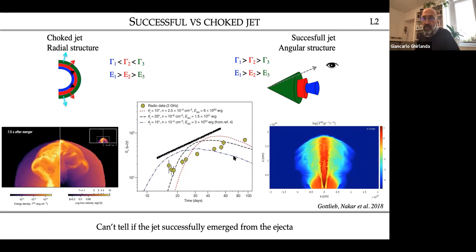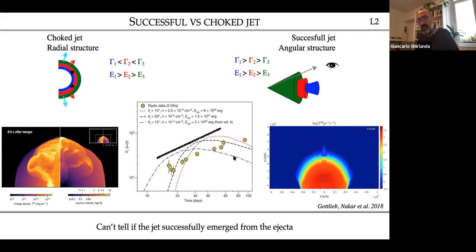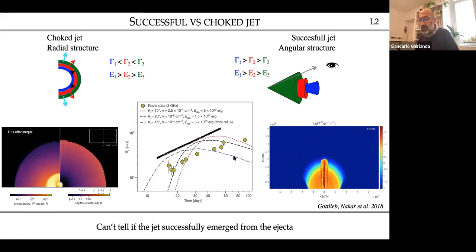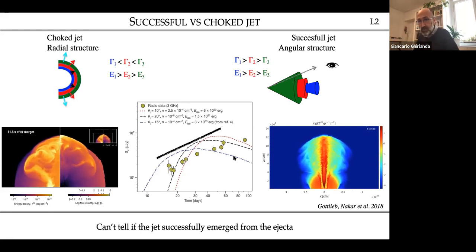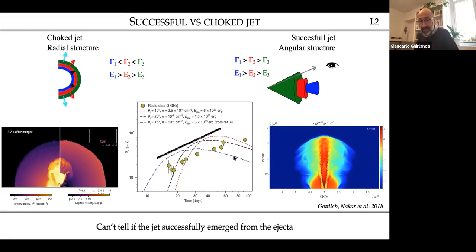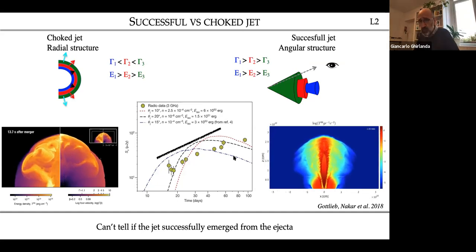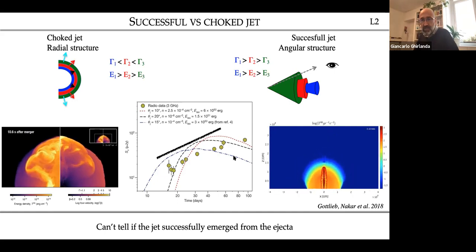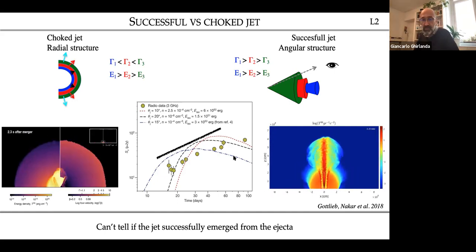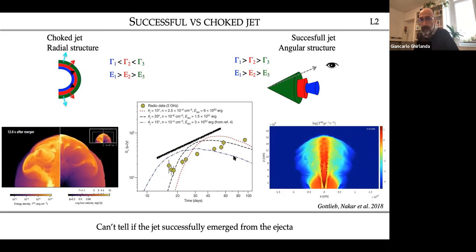So there could be situations in which you have, for instance, also a distribution of the external medium which is not perfectly uniform in angular coordinate. And this could imprint a different, let's say, temporal evolution and deceleration pattern to different parts of the jet. So there could be also these effects to take into account.